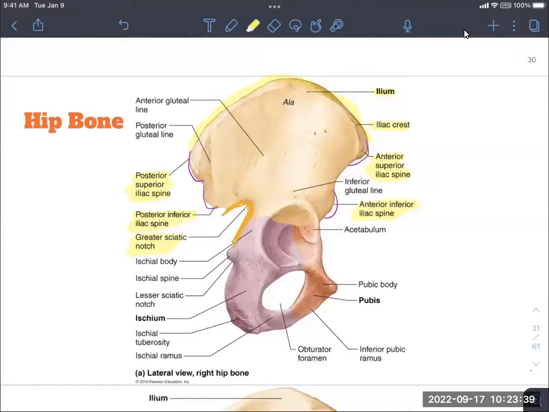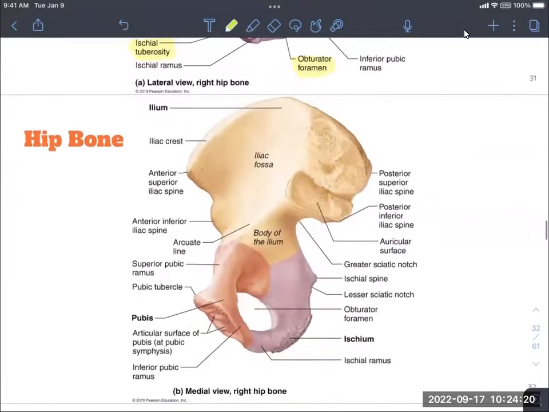We also have a lesser sciatic notch. Again, sciatic, so what goes through it? The sciatic nerve, through here. We have your ischial tuberosity. That obturator foramen is this big hole here. And of course, that acetabulum, this whole part in here.